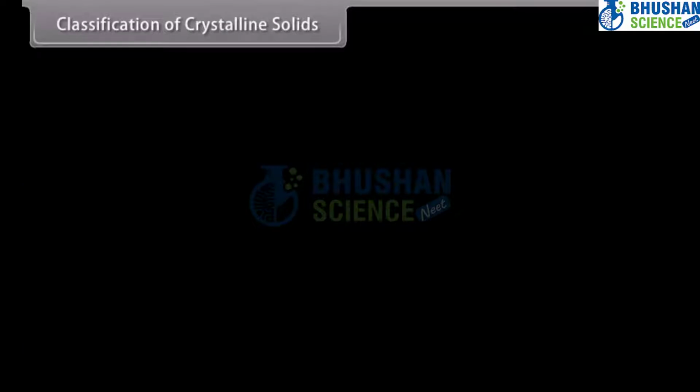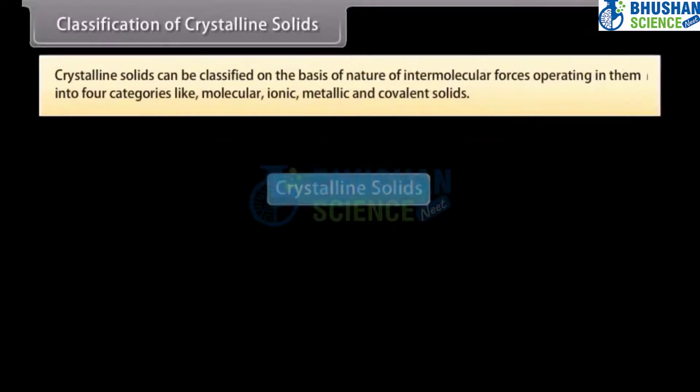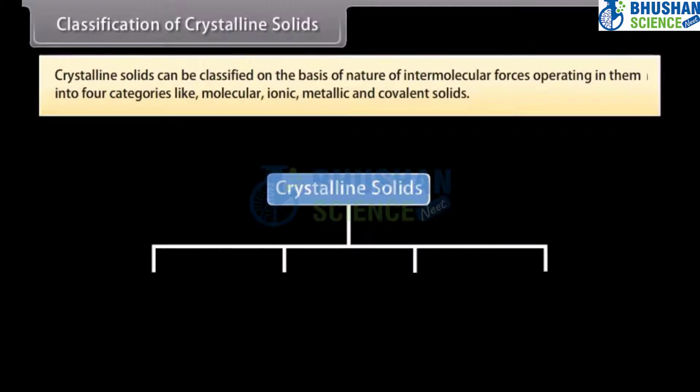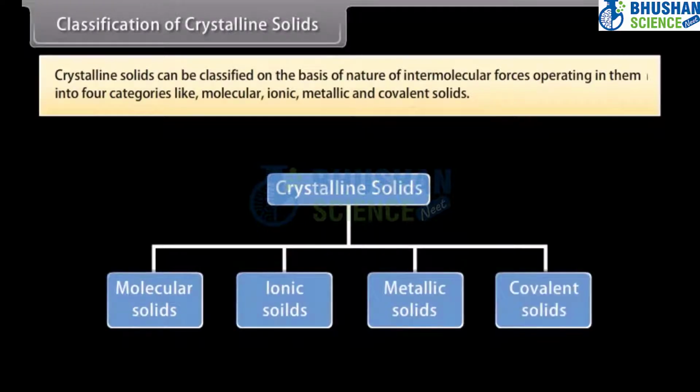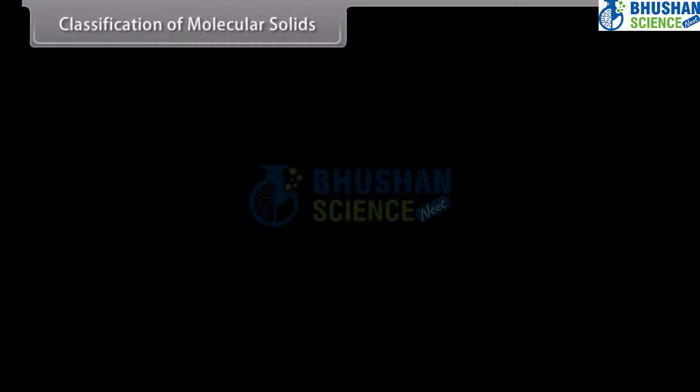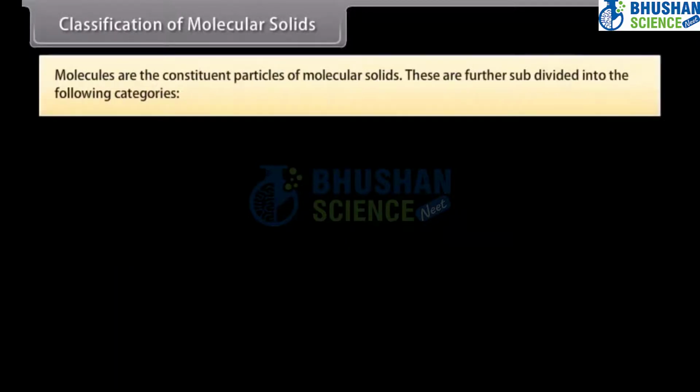Classification of crystalline solids. Crystalline solids can be classified on the basis of nature of intermolecular forces operating in them into 4 categories: molecular, ionic, metallic, and covalent solids. Classification of molecular solids. Molecules are the constituent particles of molecular solids.